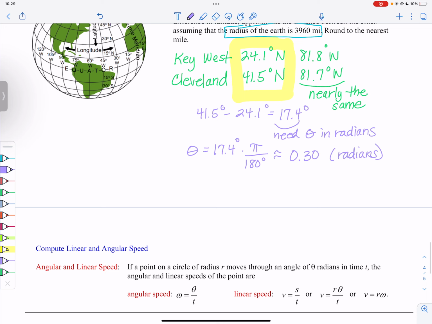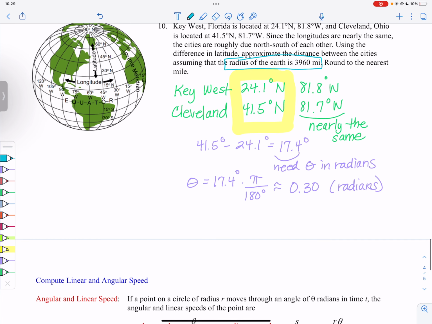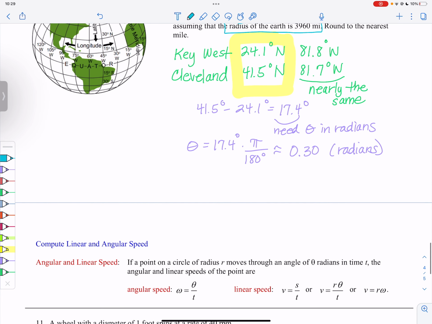So now what can we do? They asked us to find the distance between the cities, which is going to be that arc length, and that's r times theta, and that's equal to 3960 miles.